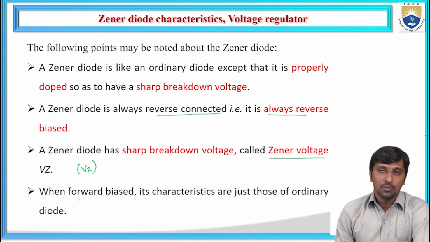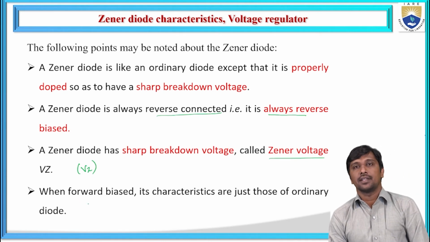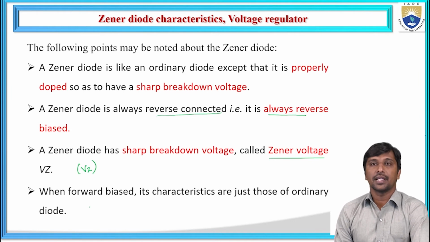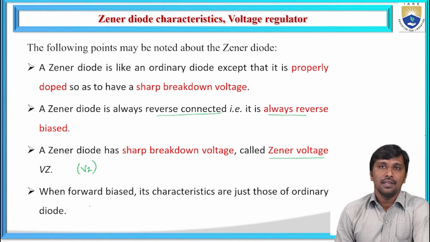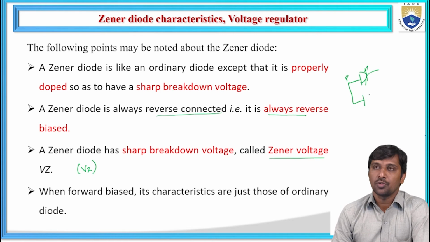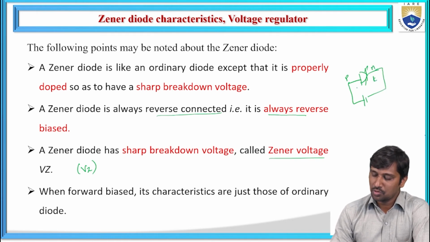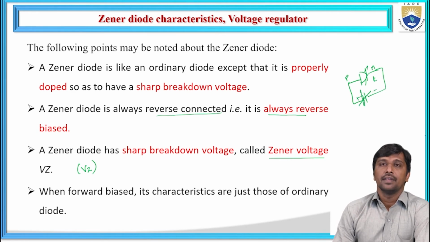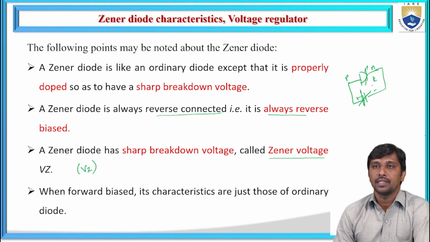Now, one more point we observe from the Zener diode characteristics. When the Zener diode is forward biased, let us consider that the P-type is connected to the positive pole of the battery, and the N-type material or cathode is connected to the negative pole of the battery. Then we can say that this is under forward bias.